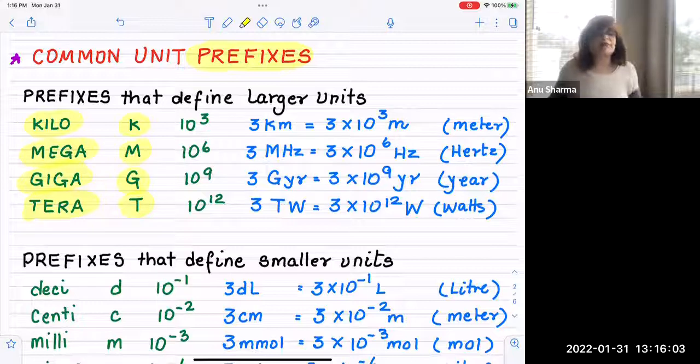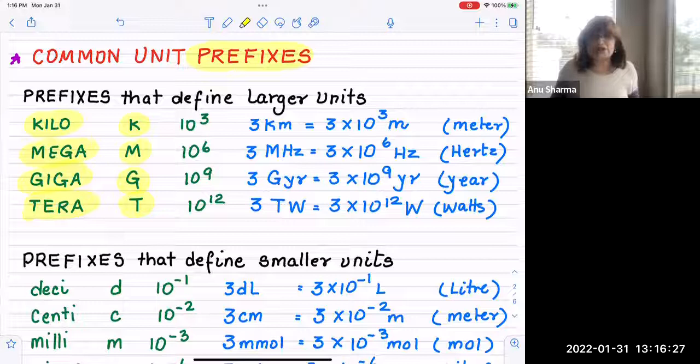Anything that is 10 to the power 6 is mega. Anything that's 10 to the power 9 becomes giga. Anything that is 10 to the power 12 is tera. For example, if you have 3 kilometers, it means 3 times 10 to the power 3 meters. If we have 3 megahertz, it means 3 times 10 to the power 6 hertz.